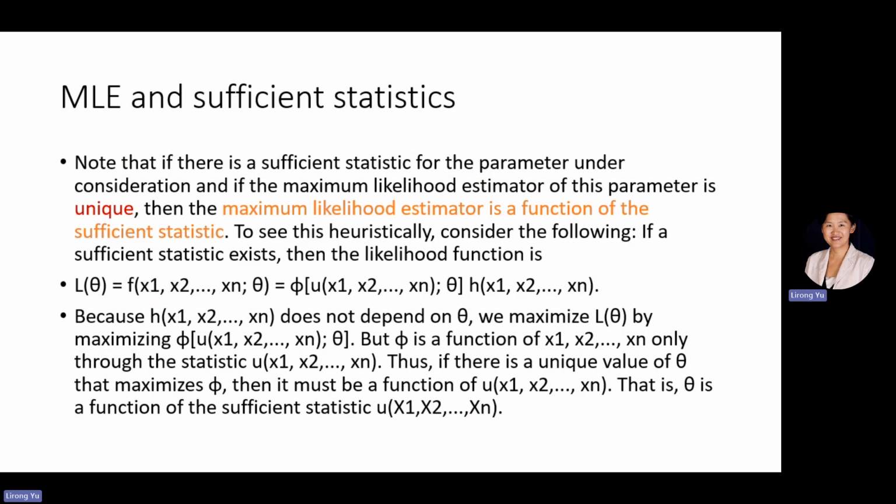That shows a lot of connection and similarity between the maximum likelihood estimator and the sufficient statistic. But one thing we can see is that the sufficient statistic is not unique, while the maximum likelihood estimator is supposed to be unique.